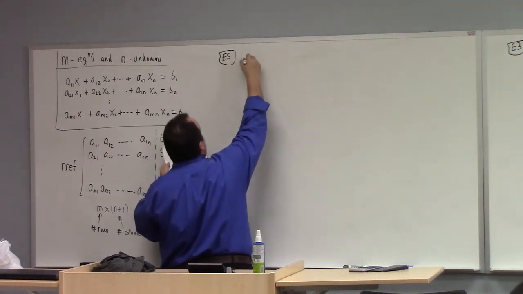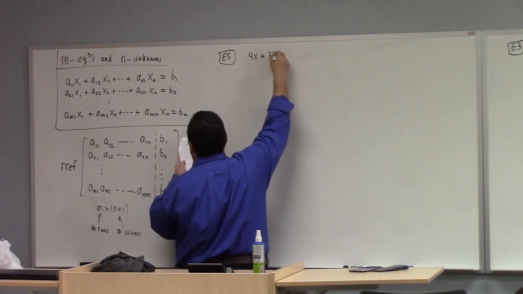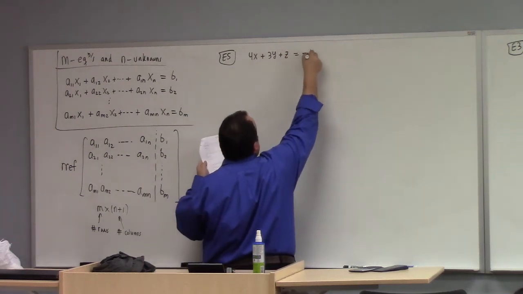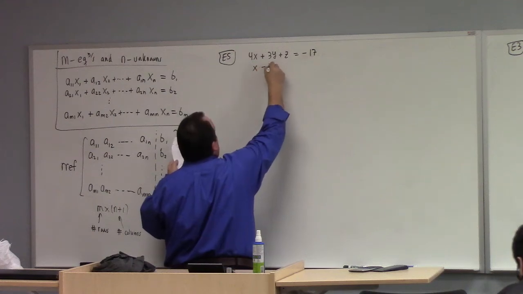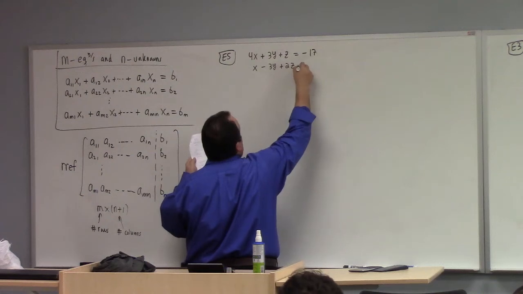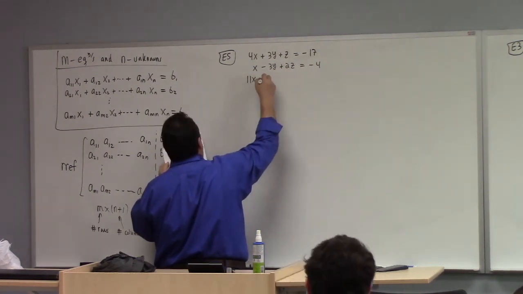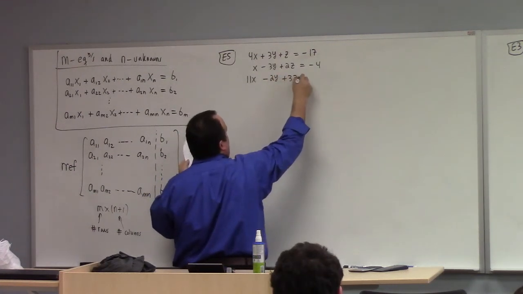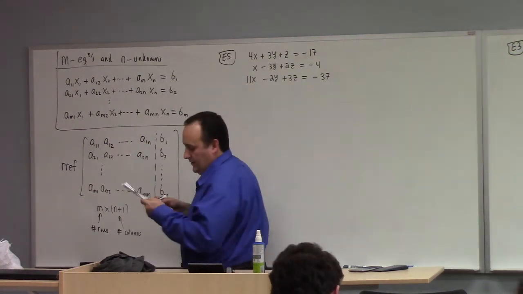So here, we are up against 4x plus 3y plus z equals minus 17, x minus 3y plus 2z equals minus 4, and 11x minus 2y plus 3z equals minus 37. All right?